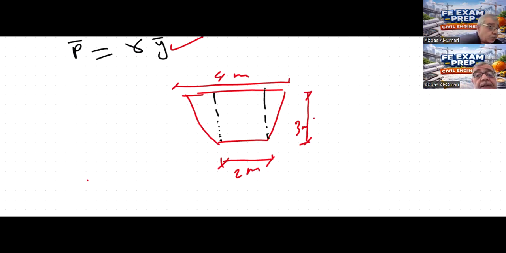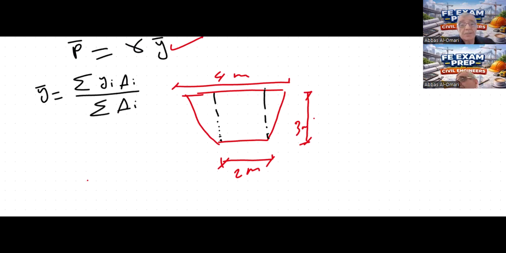The formula for the centroid of a composite section is y bar equals sigma yi ai divided by sigma ai. So we simply take the centroid of each shape, multiply it by its area, get the summation, and divide it by the total area.